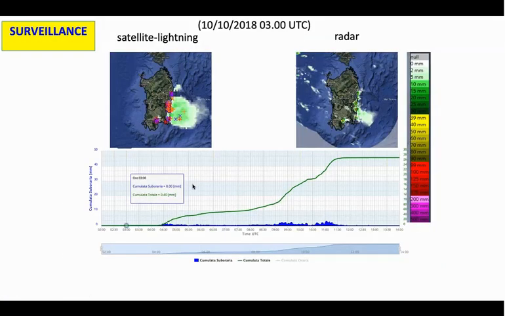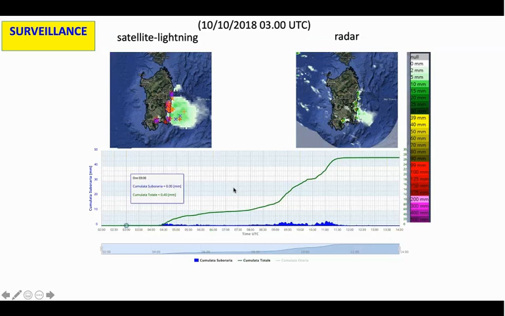So we start with the monitoring that we had in our operational room at national level and at regional level. In the upper panels on the left, we have satellite H03, the blended product, infrared and microwave, with the overlapping of the lightning. That is very important information to be related to the severity of the events. And on the right, we have the radar estimation of the precipitation.